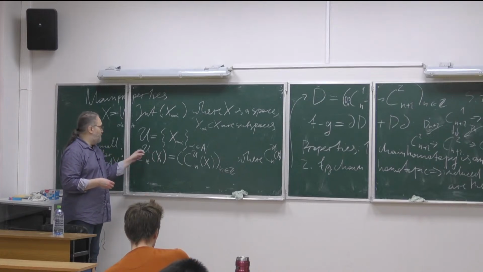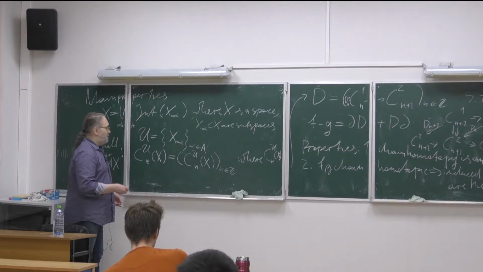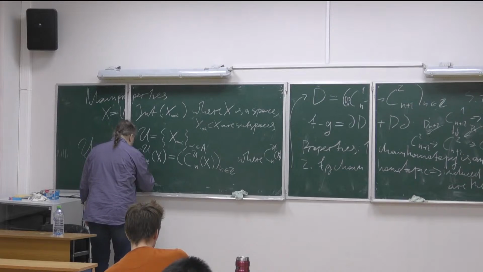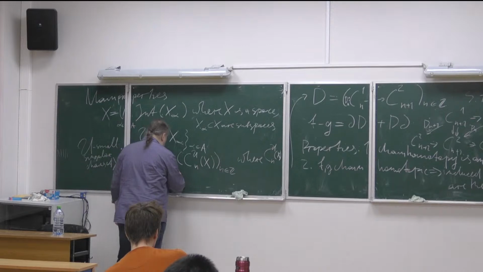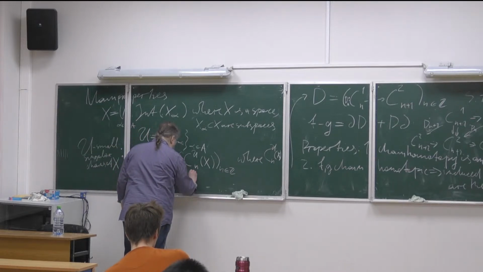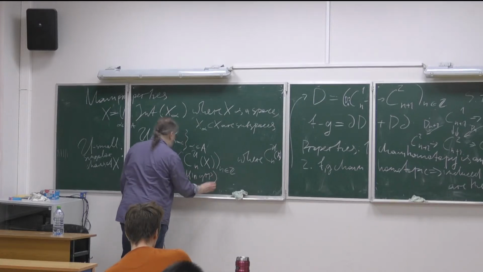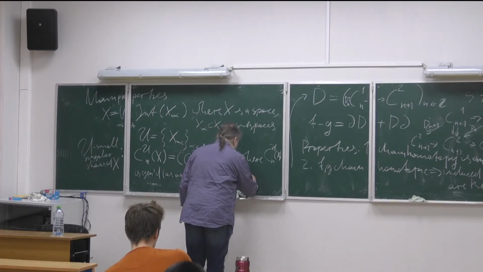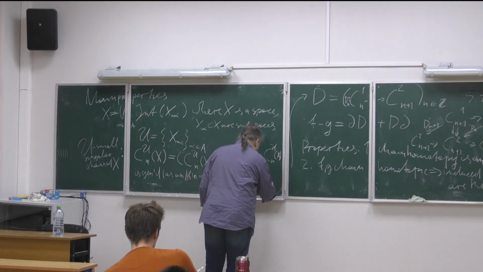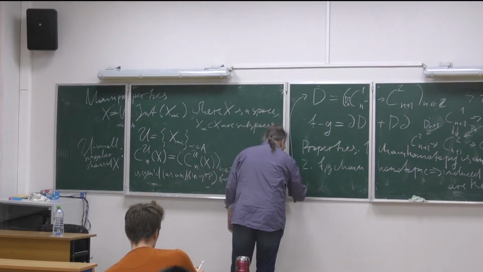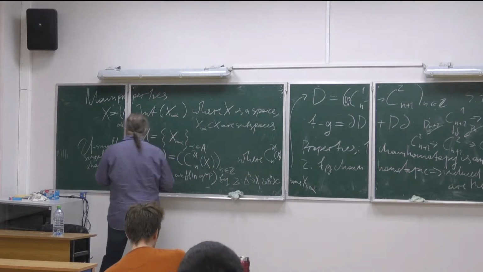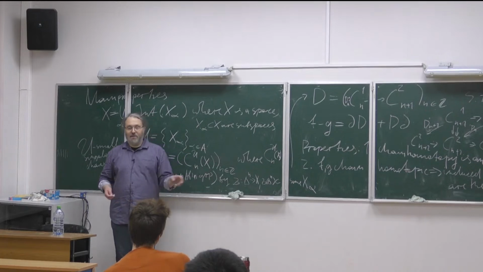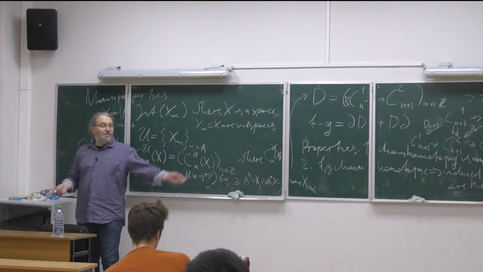It's a subcomplex of C lower star of X, where the nth component of the subcomplex is generated by those singular simplices such that the image is contained in some X alpha, maybe in several X alphas, but at least in one.